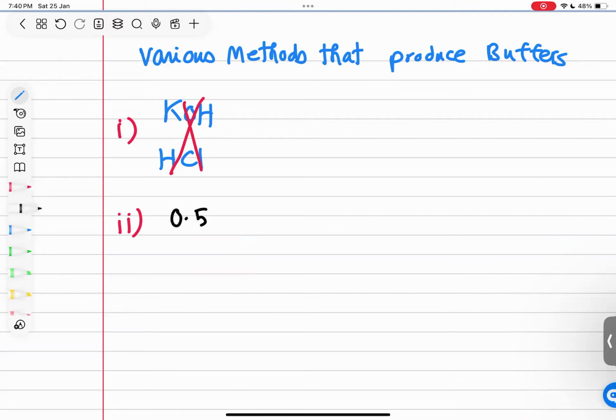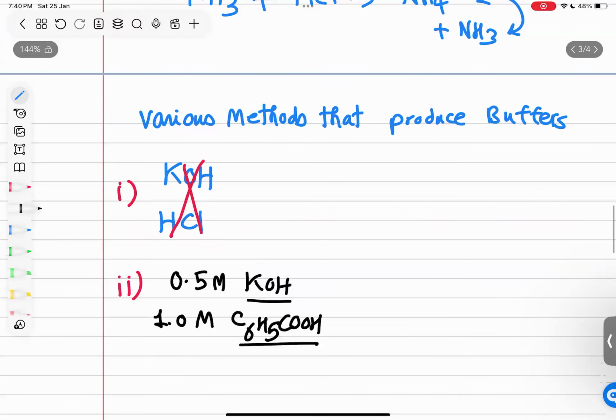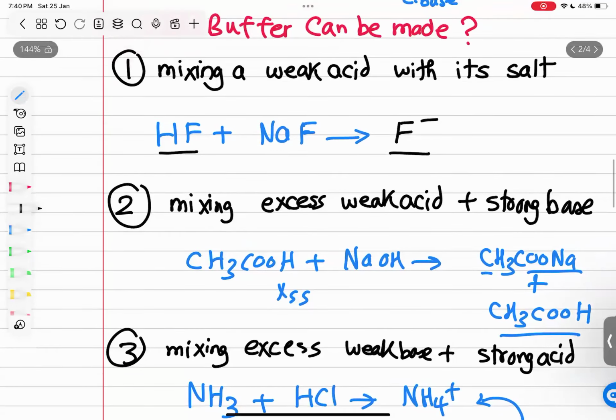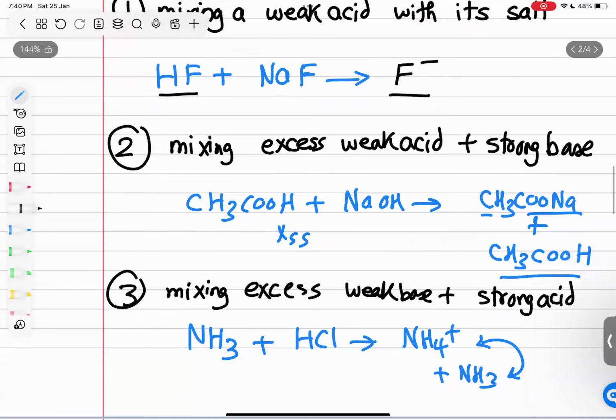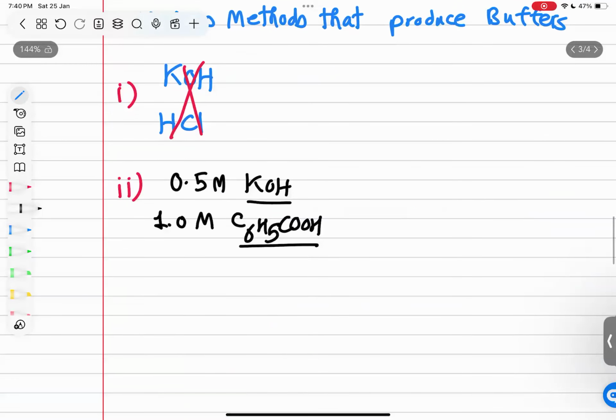So I put 0.5 molar KOH and 1 molar C6H5COOH. This means that you have put a weak acid and a strong base. We said that we can put a weak acid and a strong base, but the weak acid should be in excess.